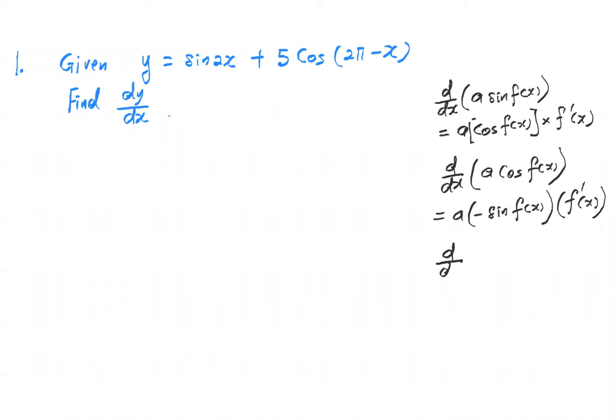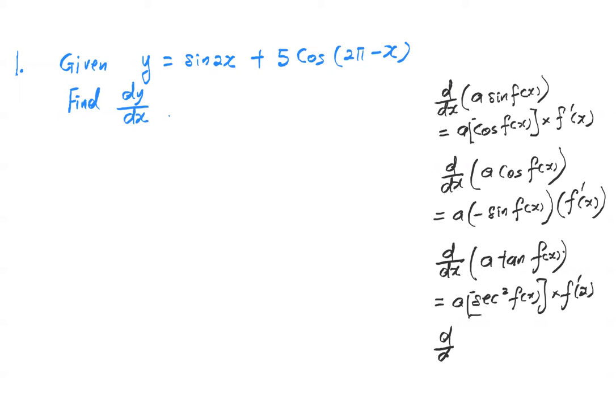Differentiate tangent, I got sec squared f x times f prime x. Differentiate cotangent, negative cosecant square f x times by f prime x.